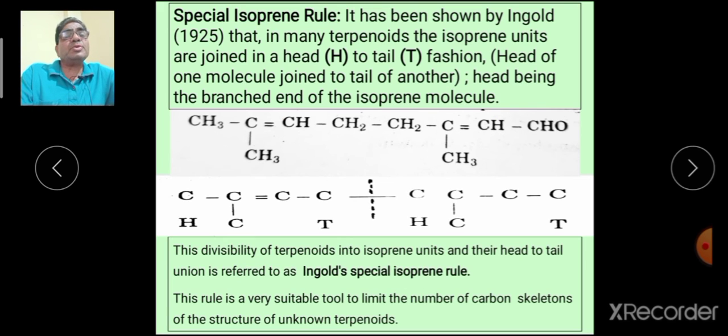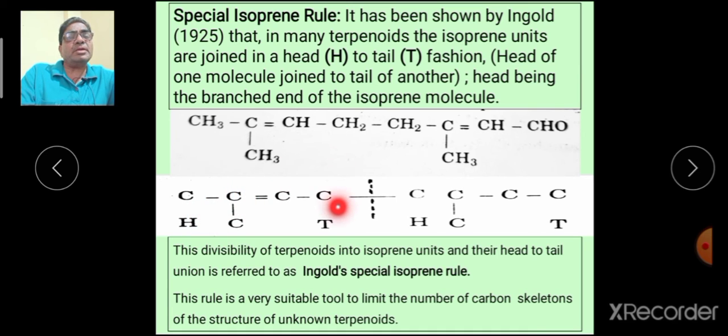Now the special isoprene rule. Further, the scientist Ingold in 1925 observed that in many terpenoids, the isoprene units are joined in head to tail fashion. That is, the head of one molecule is joined to the tail of another. What is the head? The branched end is the head, while the other end is the tail. For example, this is a branched end, therefore this is a head.